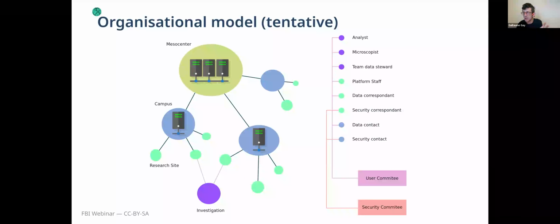The team data steward is very important because it's the person that will drive the ISA organization, drive the choice of vocabulary, and be a bit more competent than their colleagues on research data management, so that they can set up, for example, an Excel template with most of the metadata already filled in for colleagues to use, and so forth. So the team data steward is really key at the lower entry point of the solution.